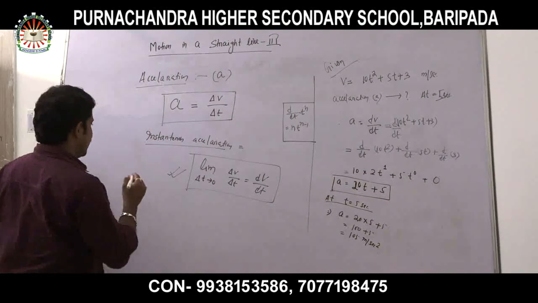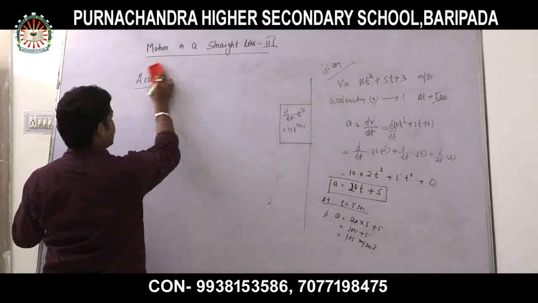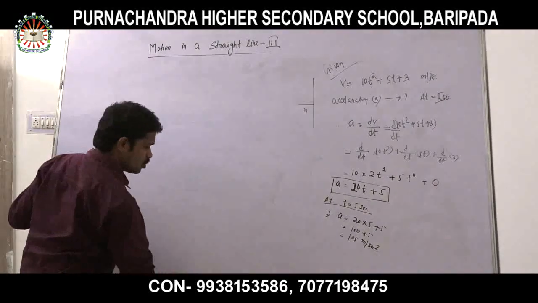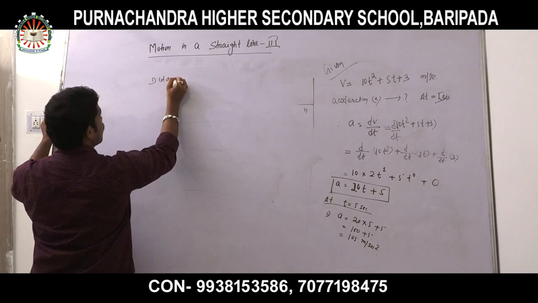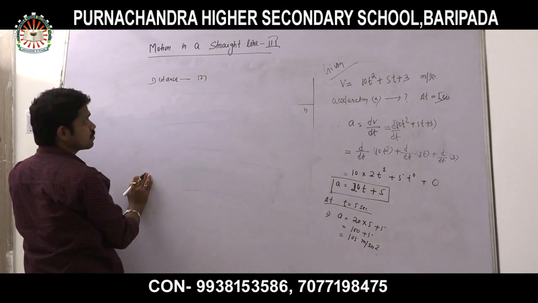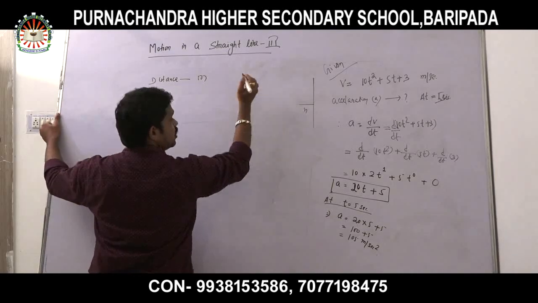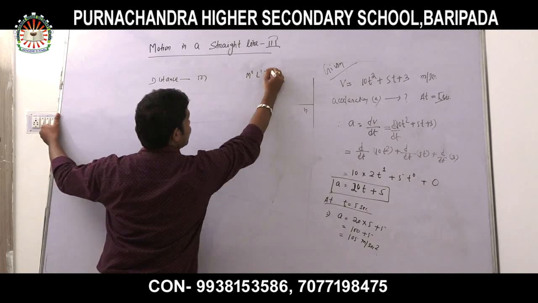So now, what are the units? Let us summarize one by one in this chapter. Distance: SI unit is meter, and the dimensional formula is m0, l1, t0.